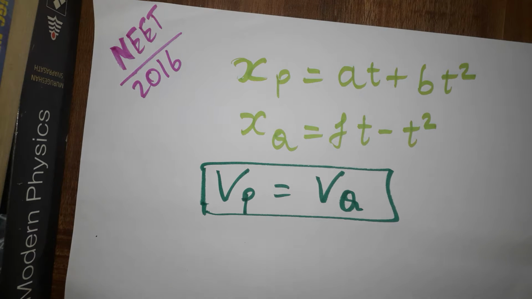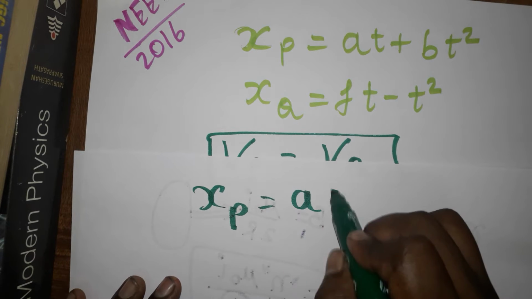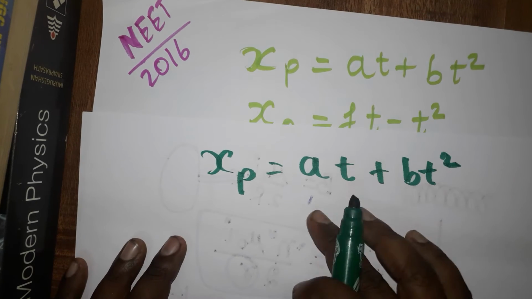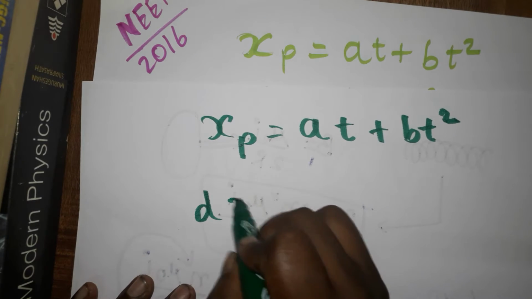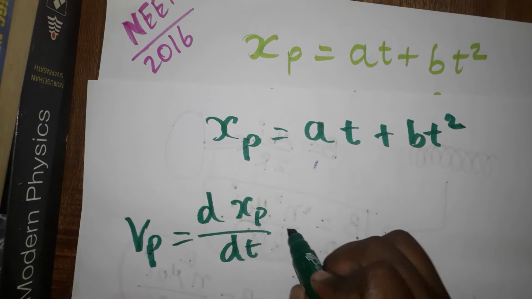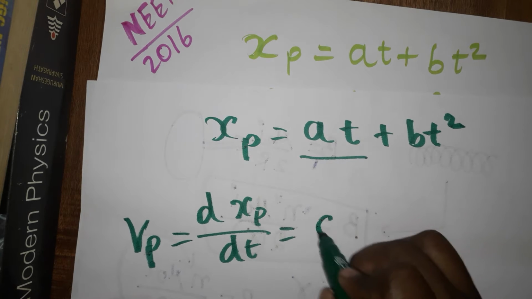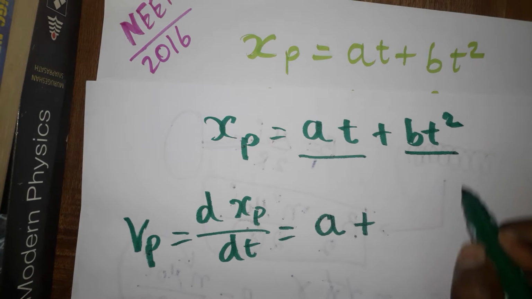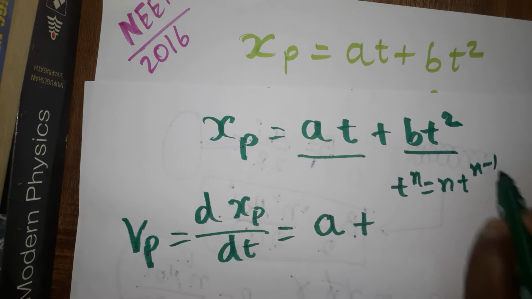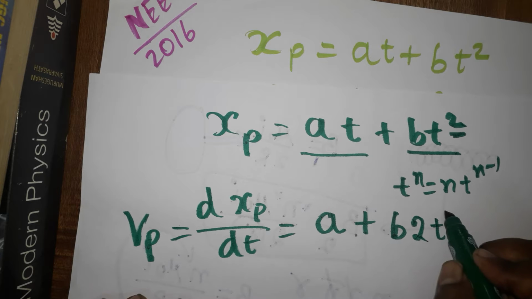The equation given for the first car is XP displacement equal to AT plus BT square. I am going to differentiate this equation with respect to time. dxp by dt is the velocity of the P car. Differentiation of AT will be A. For BT square, whenever you differentiate T power n, you get n T power n minus 1; this is the formula. Here n is 2, so 2T power 2 minus 1.